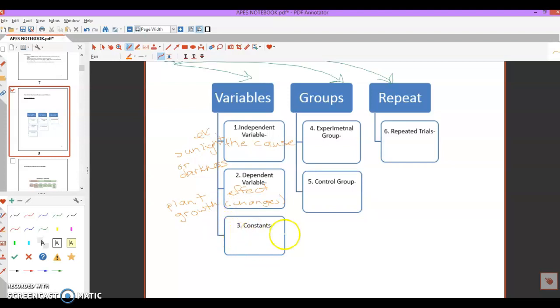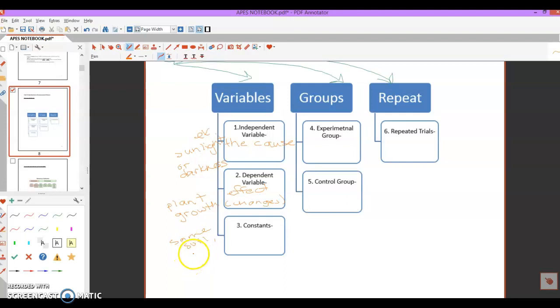The last one we have are constants. Constants are things that have to be kept the same through the entire experiment so that you don't have differences in your data or how your data is collected. So, for example, in our plant example, you would have to use the same type of soil. You would have to use, let's write this down, the same soil.